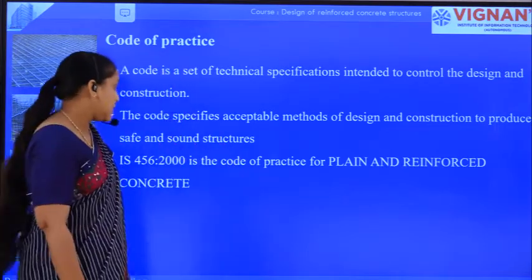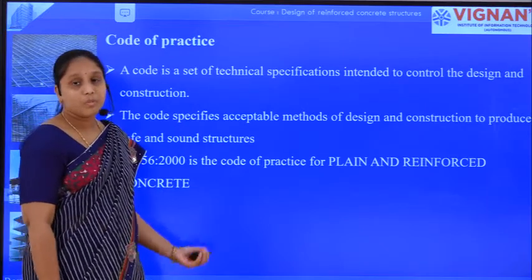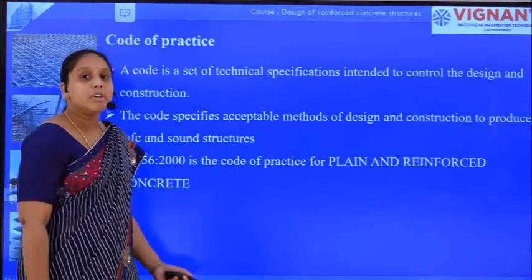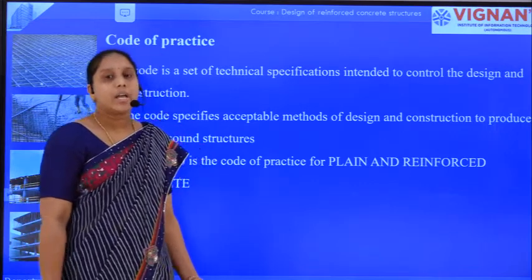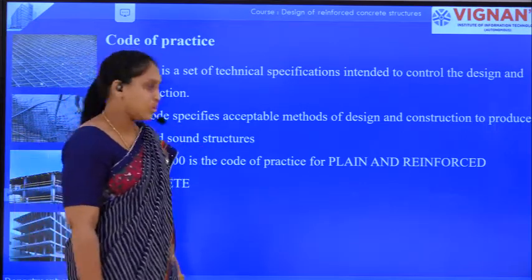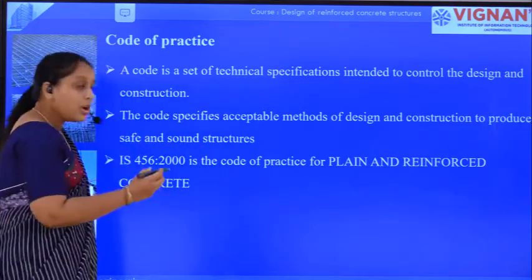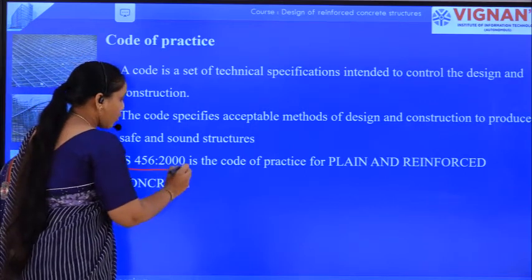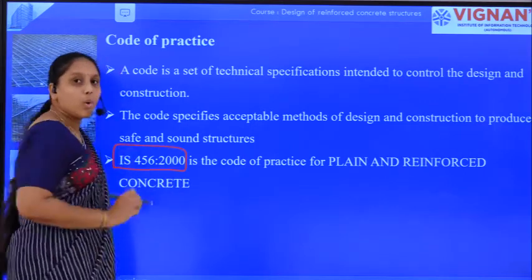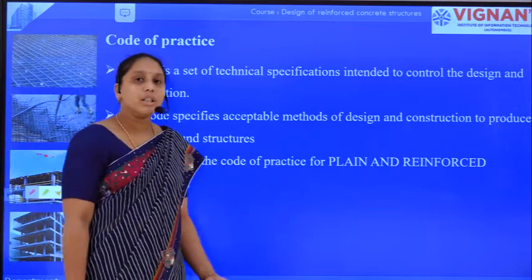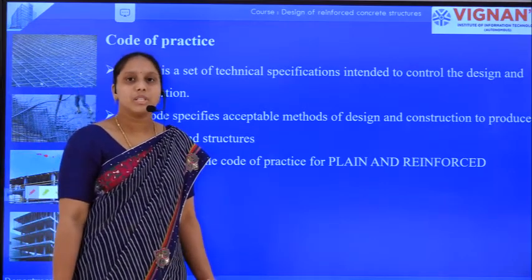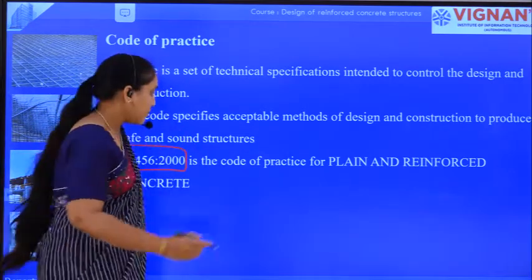For the design of reinforced cement concrete, we are going to use the code IS 456 2000. By using this code, we are going to design all the structural members in the further classes.